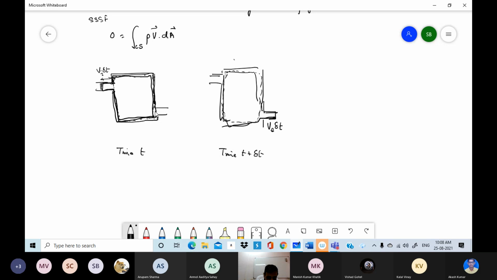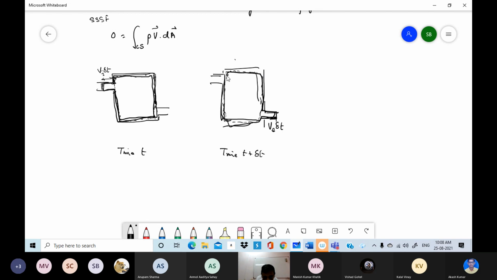But what about this phase? It will move out with velocity ve, and in time interval delta t, it will cover a distance ve delta t. So the system boundary will now be this.